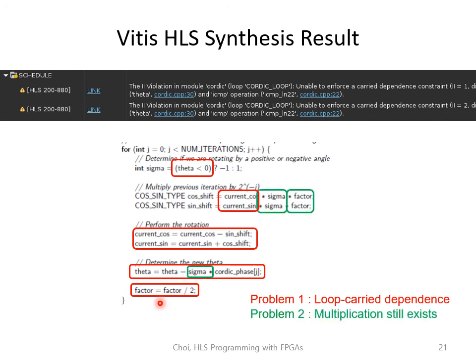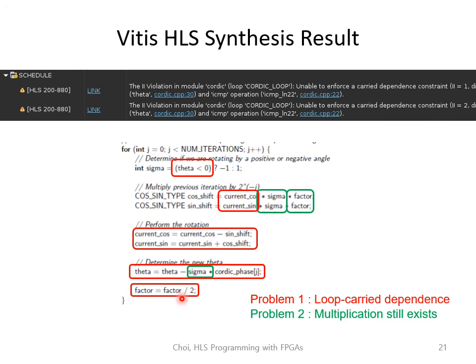The second type of problem is that there are still some multiplications, multiplication of sigma. So the calculation of the loop carry dependence is getting even more complicated. Also, the factor is getting multiplied as well. So these two problems exist in multiple places.